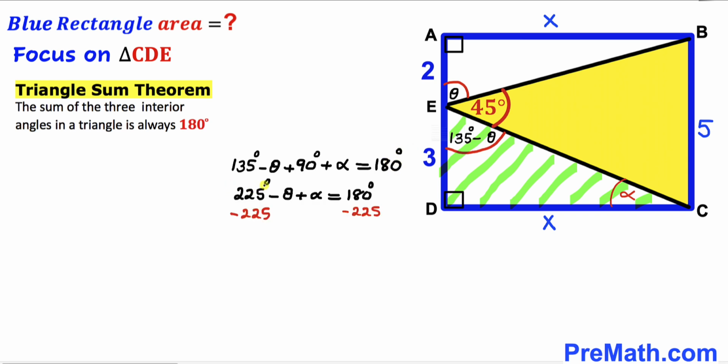Let's subtract 225 degrees from both sides. We end up with negative theta plus alpha equal to negative 45 degrees. Moving negative theta to the other side, angle alpha is theta minus 45 degrees.